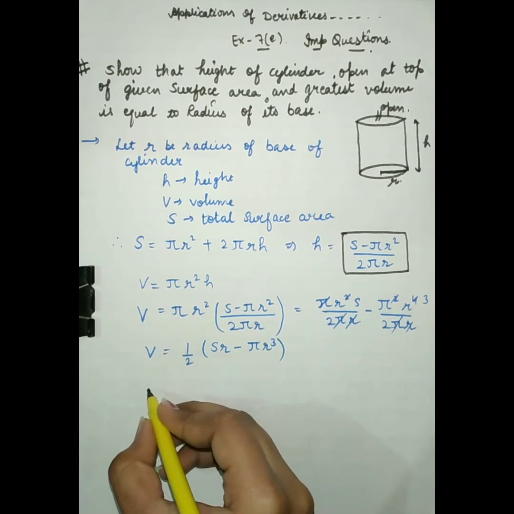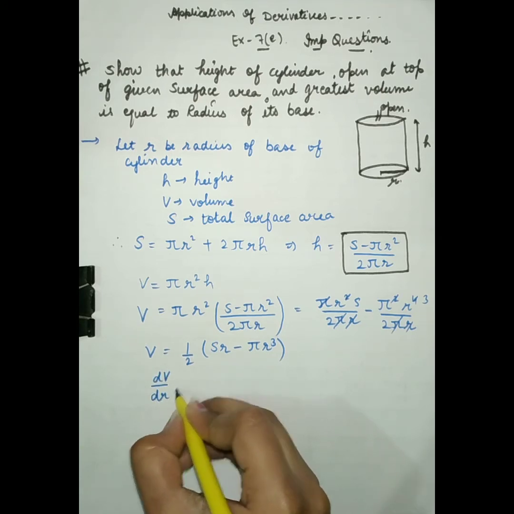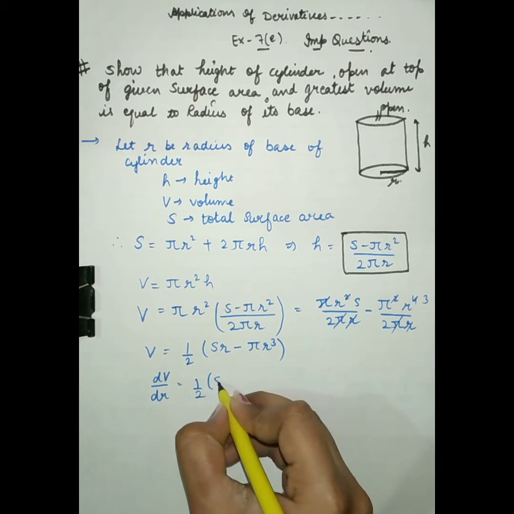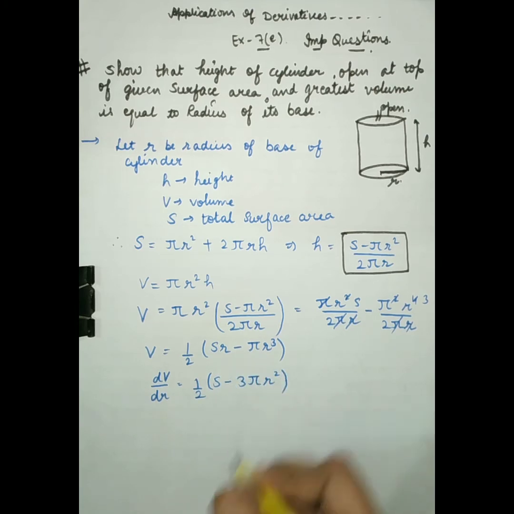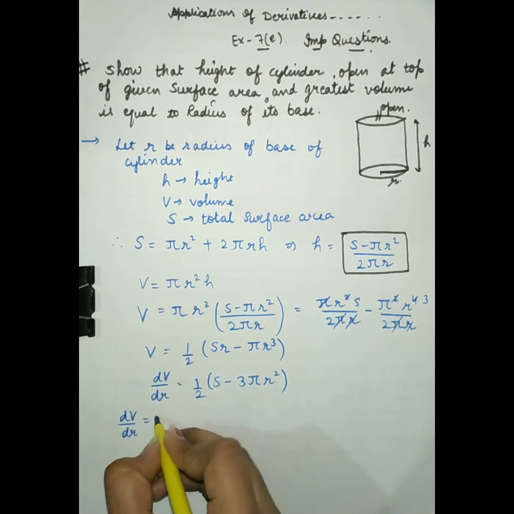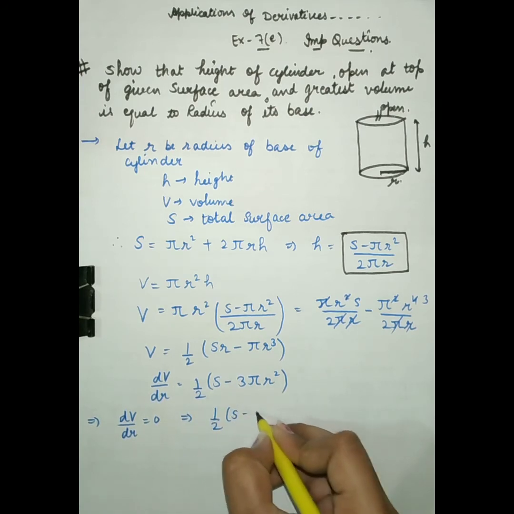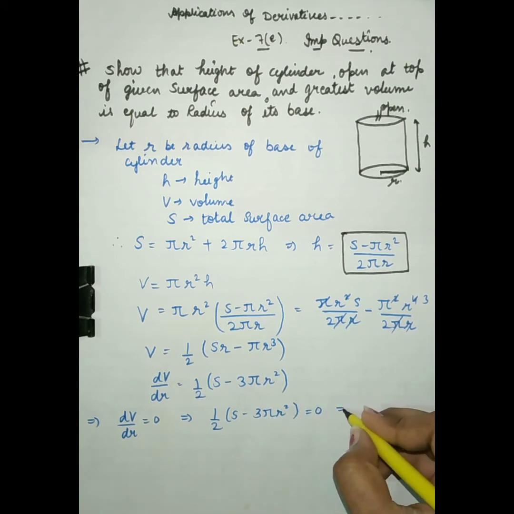Now we have to find dV by dr, that means the derivative of V with respect to r. Then here we get 1 by 2 into S minus 3 pi r square. Now if we take dV upon dr equal to 0, then it gives 1 by 2 into S minus 3 pi r square equals 0. That means from this r will become equal to root of S upon 3 pi.